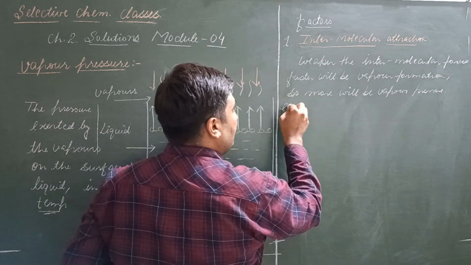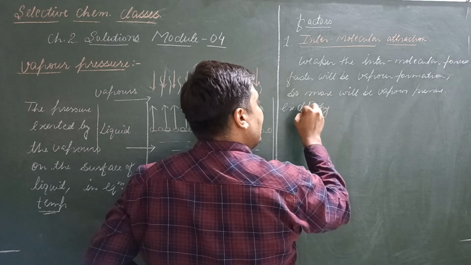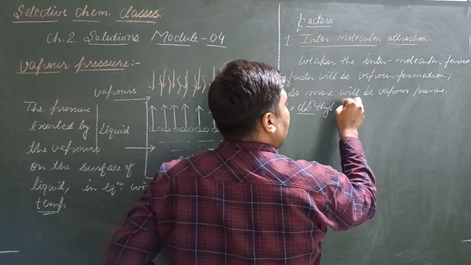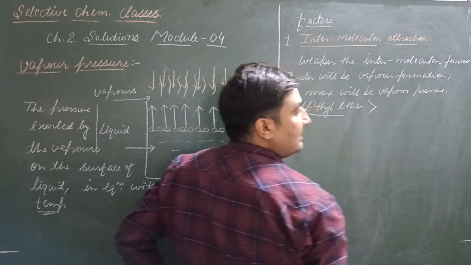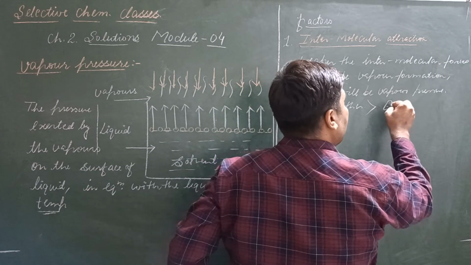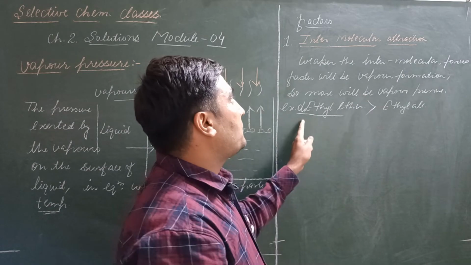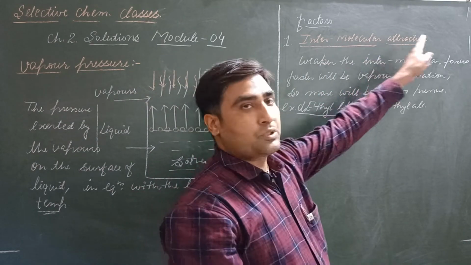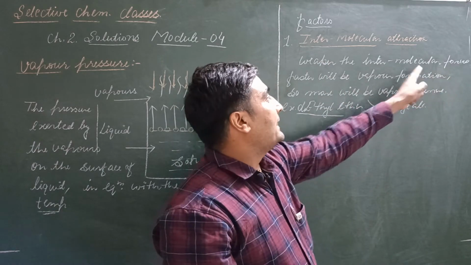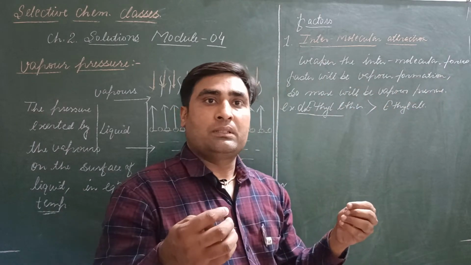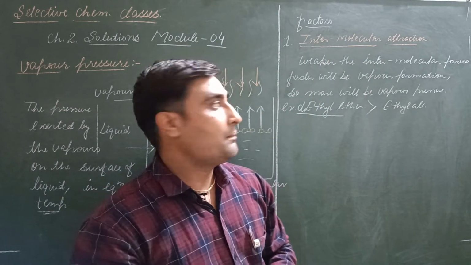For example, diethyl ether has more vapor pressure as compared to ethyl alcohol. It is only due to the weaker intermolecular force of attraction. Due to this weak intermolecular force of attraction, these molecules will easily break away. They go to the vapor state and will exert the pressure on the surface of the liquid.